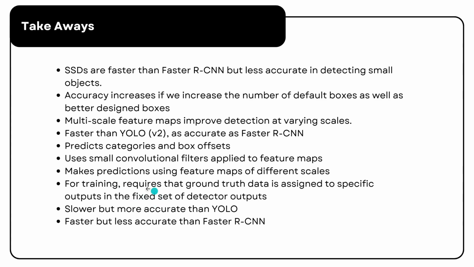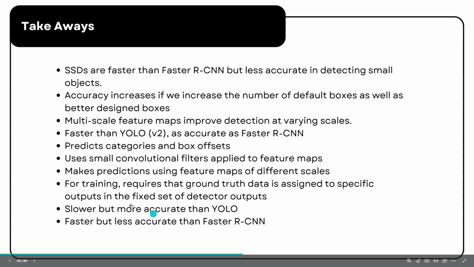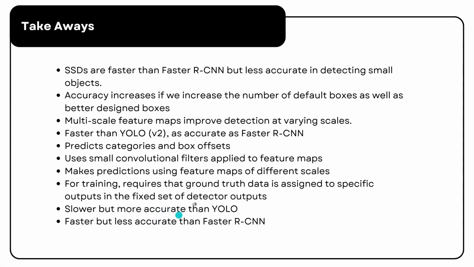To put it simply, compared to YOLO, SSDs are a bit slower but more accurate, and compared to Faster RCNN, SSDs are faster but less accurate. So depending on your task, whether it's real-time performance or high precision detection, you choose the right model based on this balance.